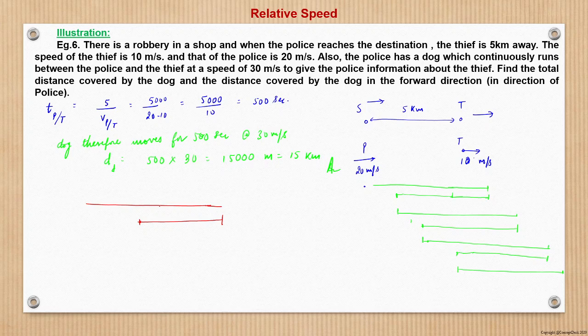So the total forward distance by the dog, and the total backward distance, let me represent the backward distance by green shade.